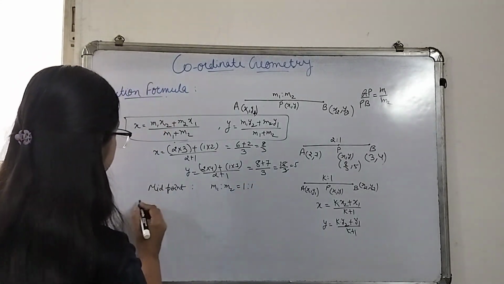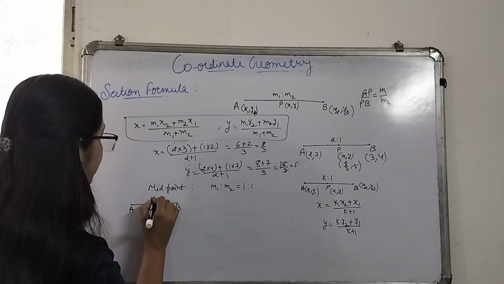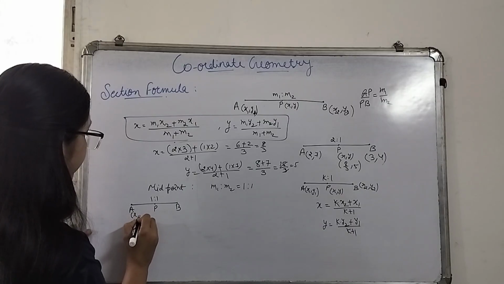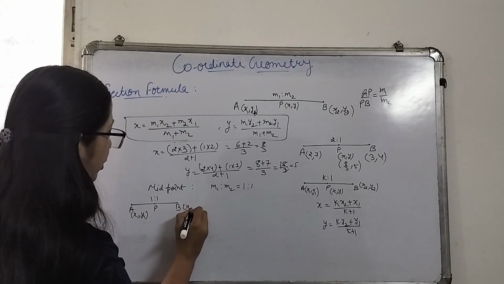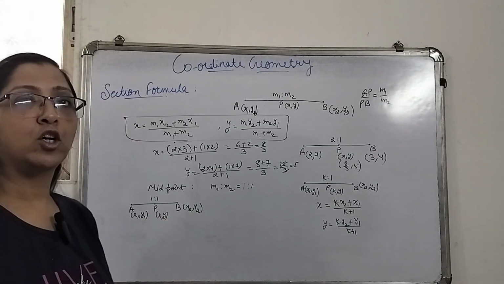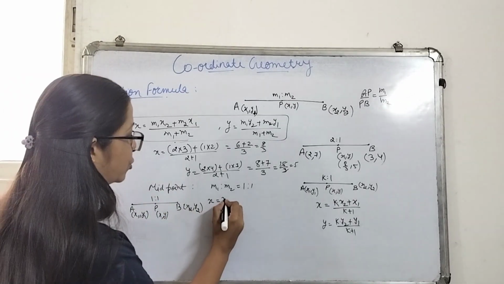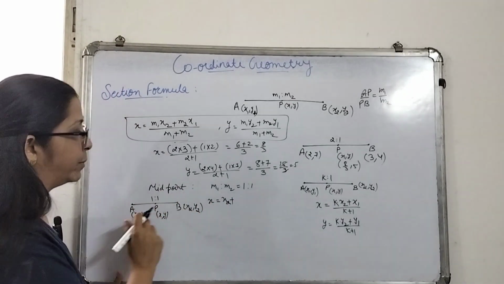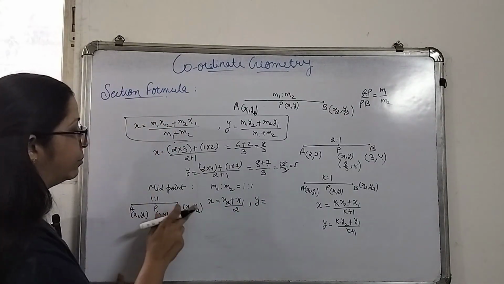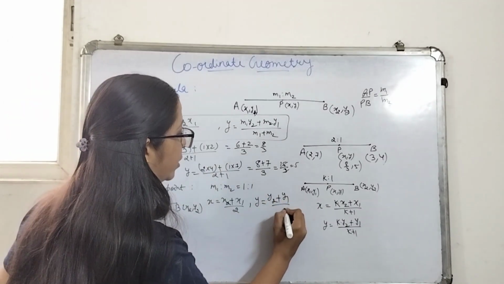Now here, if we take the point dividing it in the ratio 1 is to 1, with coordinates of A as x1, y1, B as x2, y2, and P as x, y, then x will be (1 multiplied by x2 plus 1 multiplied by x1) over 2, and the y coordinate will be (1 multiplied by y2 plus 1 multiplied by y1) over 2.